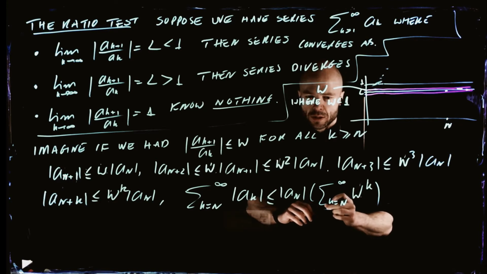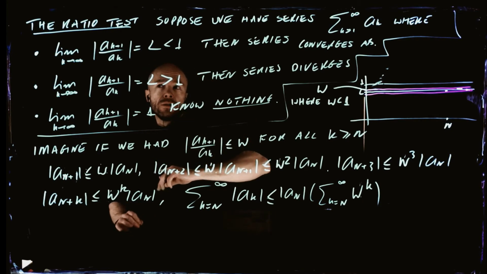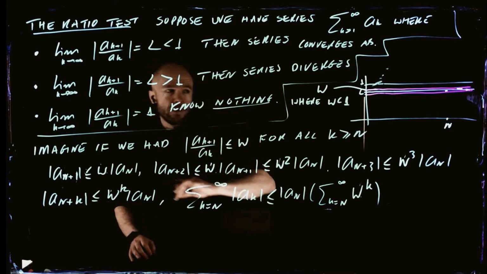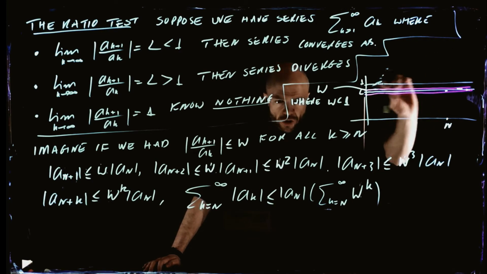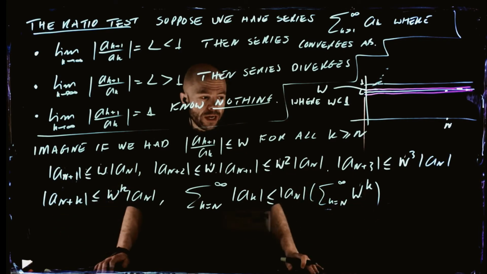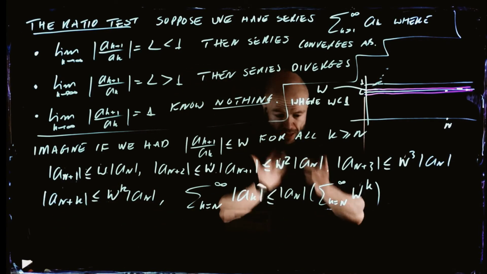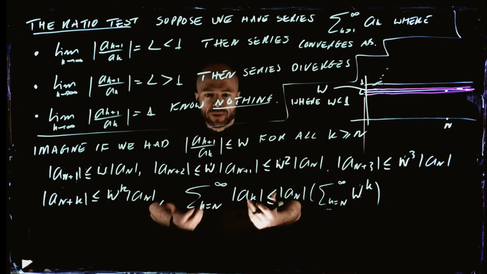Cool. So it's easily the case that if we have this hypothesis, then we know that all these terms, a_{N+1} over a_N, are trapped within some thin strip which is strictly below 1. Therefore this chain of inequalities is true, and our series is bounded by a geometric series, therefore it converges by the comparison test.